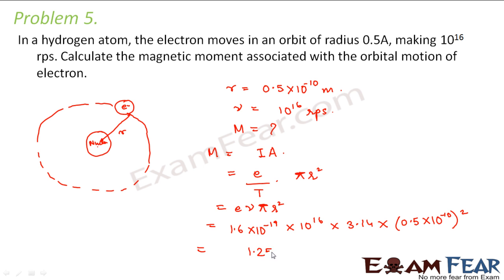So this comes out to be 1.256 × 10^-23 ampere meter squared. So this is the value of magnetic moment associated with the orbital motion of the electron around the nucleus. Right? Now that we have solved a few problems, I hope the concepts which I taught you in this part are clear to you now.